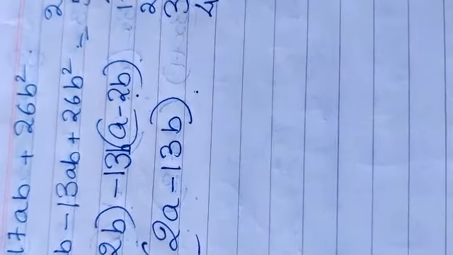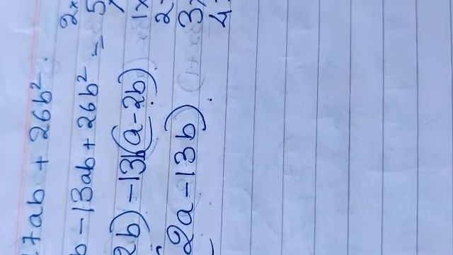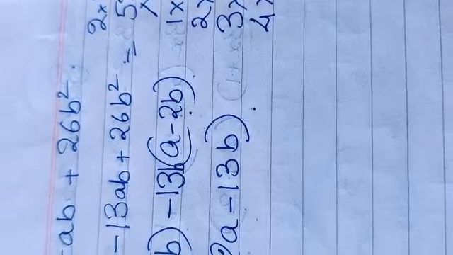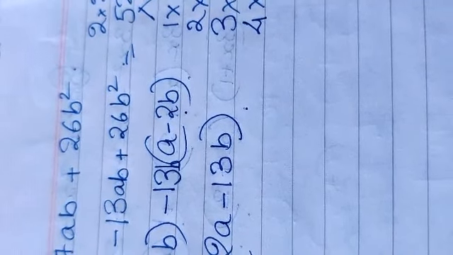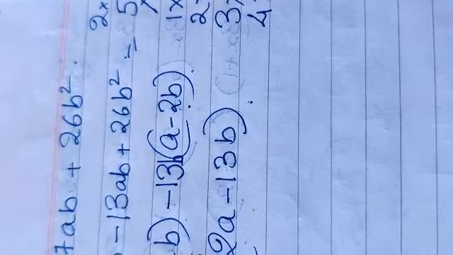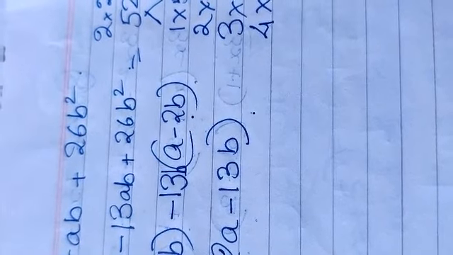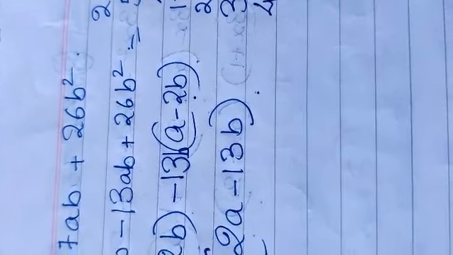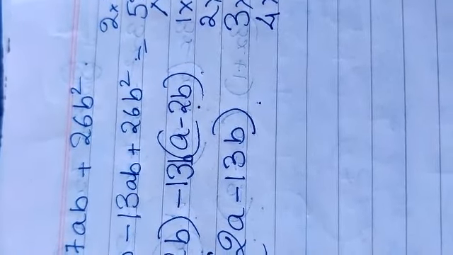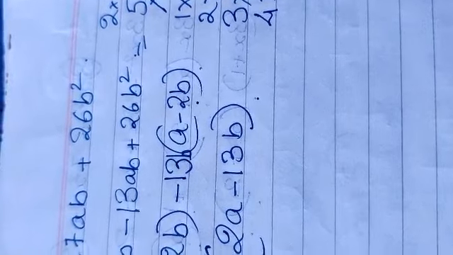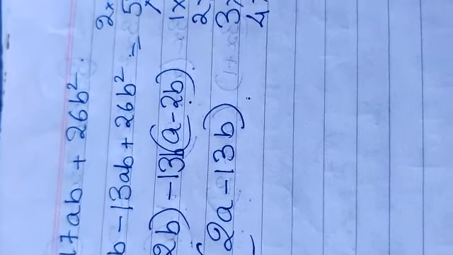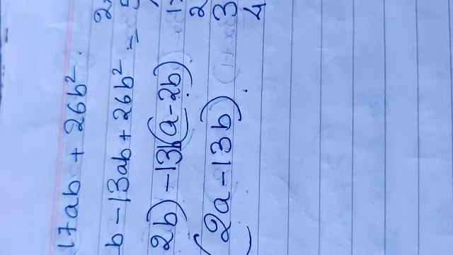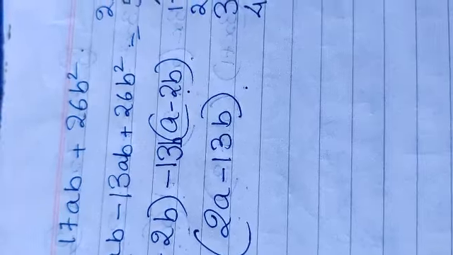We'll write a minus 2b as it is, and we'll see what we need to use as the second term for our second factor, so that we get minus 13ab when multiplied. So we can write it as minus 13b, because minus 13b into a gives us minus 13ab, and minus 13b into minus 2b gives us minus into minus is plus, and 13 into 2 is 26, and b into b is b square.